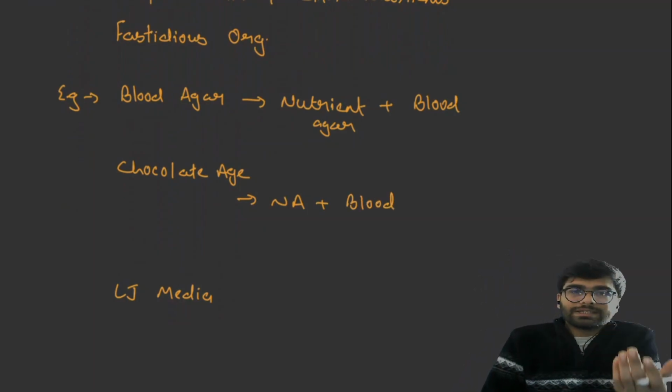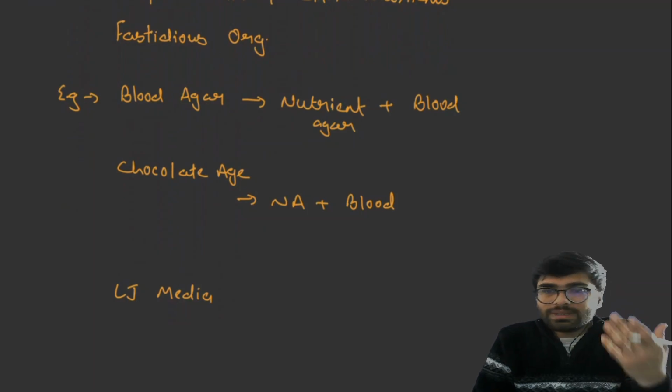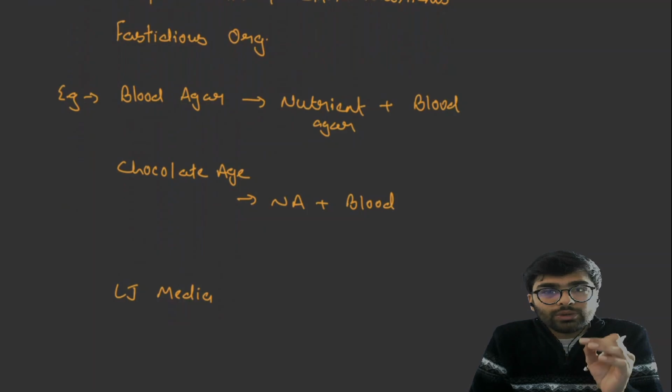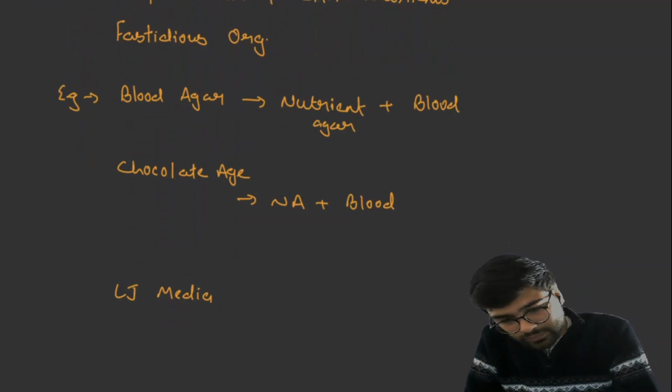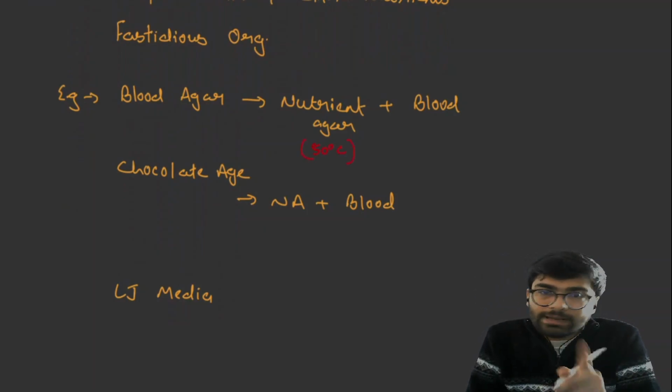Now what is the difference between chocolate agar and blood agar? The process of making seems to be the same. But the only difference is, first you heat nutrient agar to 50 degrees Celsius in blood agar followed by adding blood.